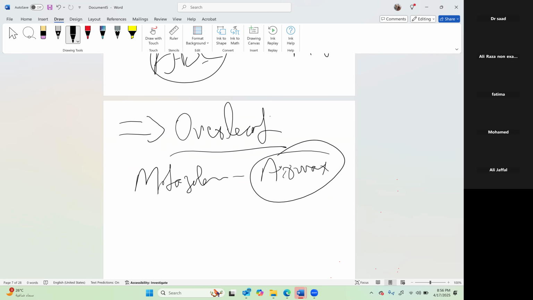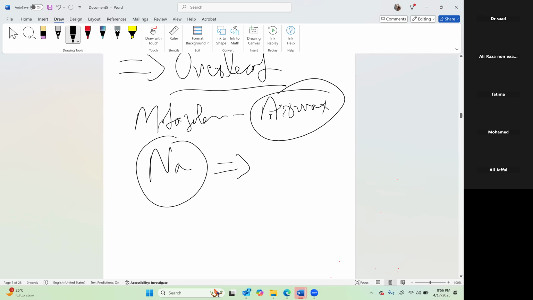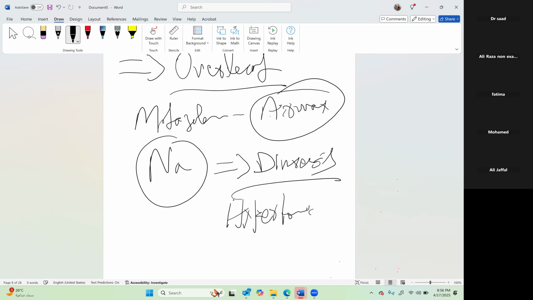And then according to the probable volume status and probable sodium, you will calculate how much you need to give and what you need to give. What are the different options? Diuresis is one option. What else? Hypertonic saline is one option.